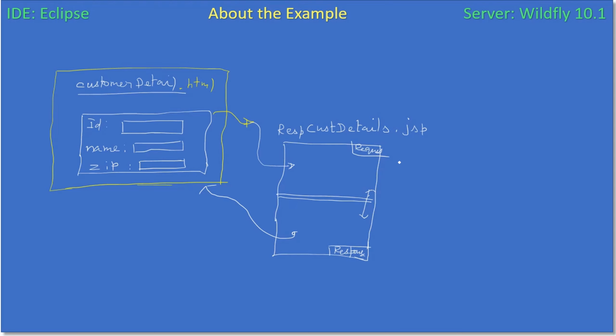What we will do here is use a bean called CustomerBean. This will have matching fields: ID, name, and zip.